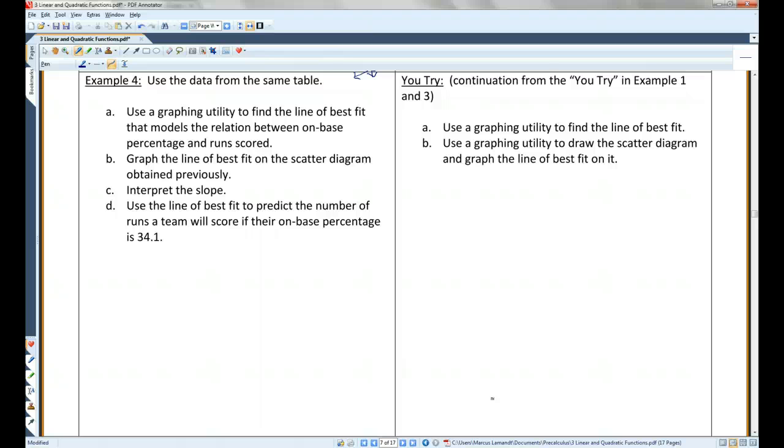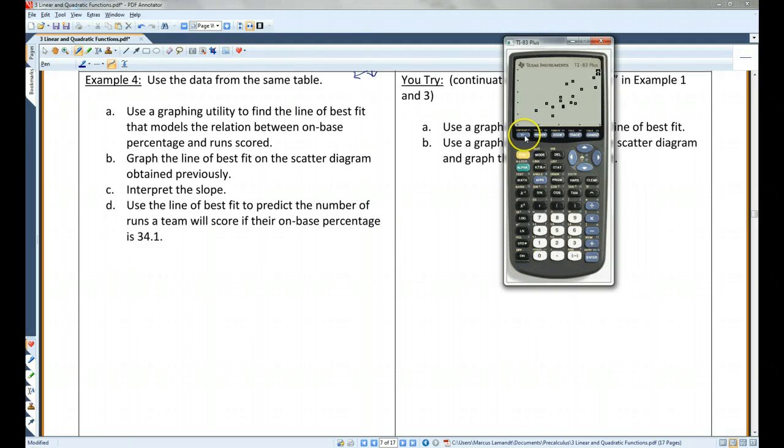Okay, example 4. For this one, we do need to use a graphing utility, so let me pull one out. Okay, the first thing I did here, you need to turn your stat plot on. You click on here. What I just did there was I went to second, y equals. Here, hit enter. It will be on off already, but you need to click on.